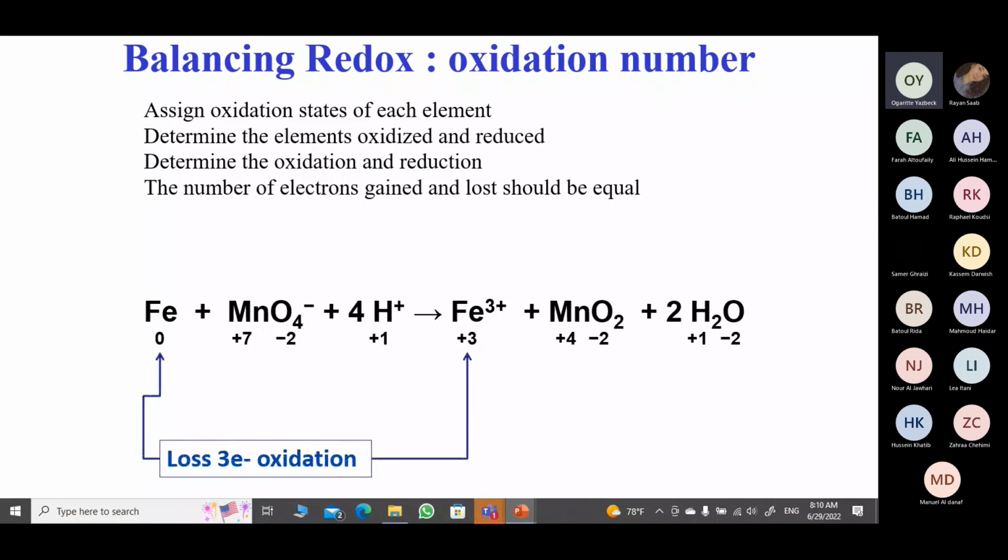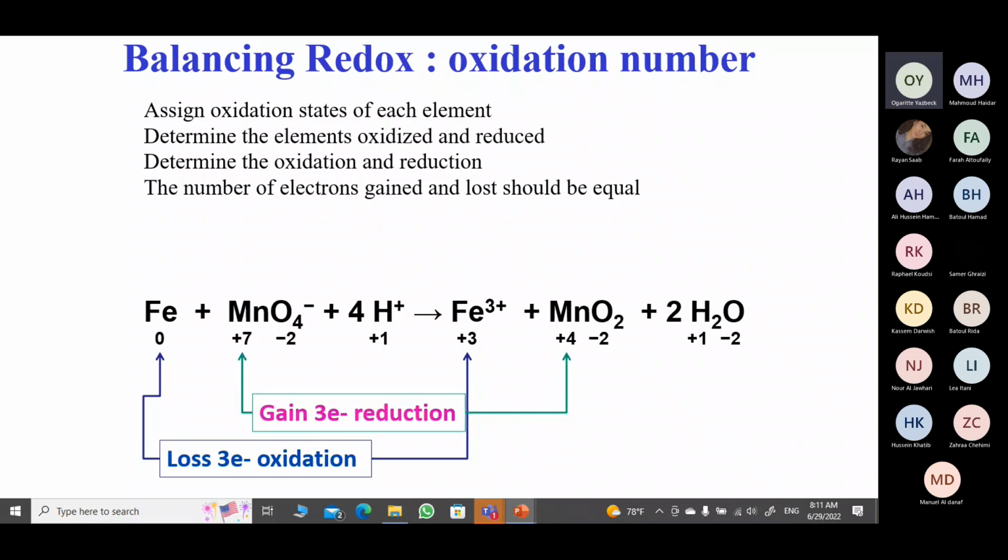What's happening to iron? We are losing 3 electrons, so therefore it's oxidation. What about manganese? What's happening to manganese? It gains 3 electrons. It's becoming less positive, so its gaining happens to be also 3 electrons.